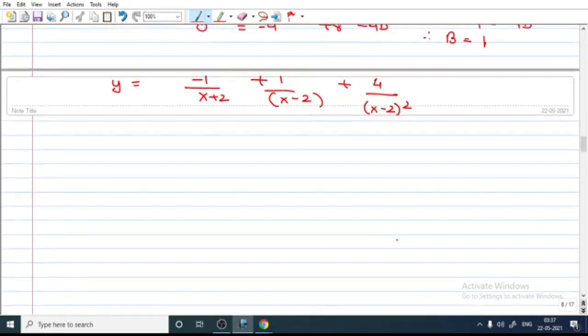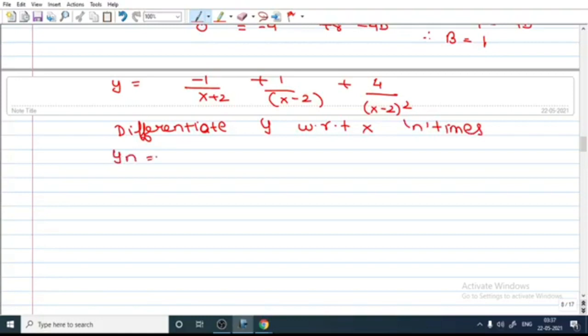So what we can do finally is differentiate y with respect to x n times.